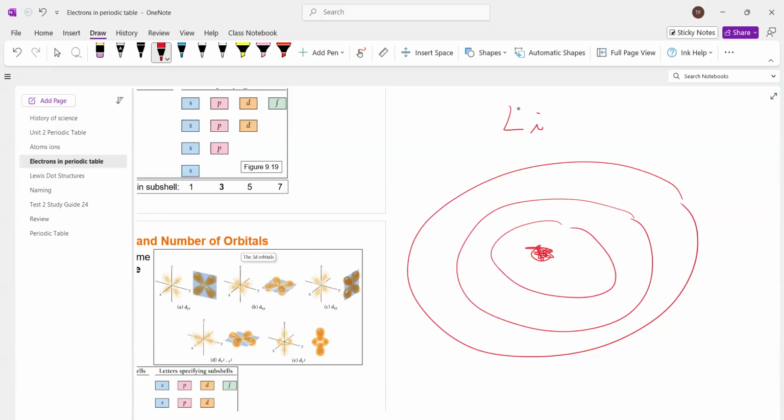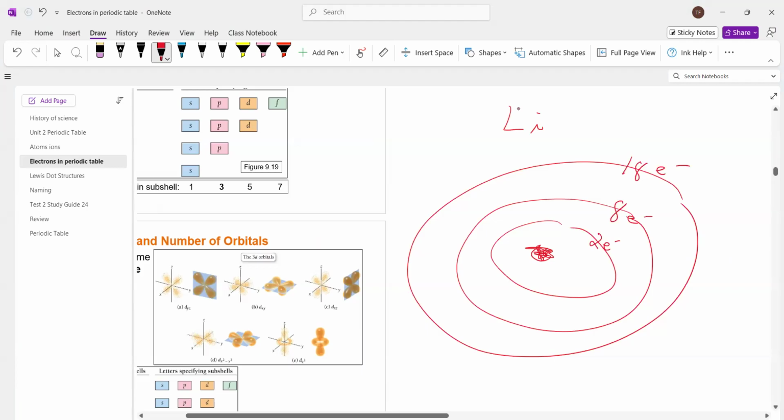Secondly, because it's also the smallest, it can only hold 2 electrons, max. The next one out is bigger, so it can hold 8. And then 18, and it grows from there.